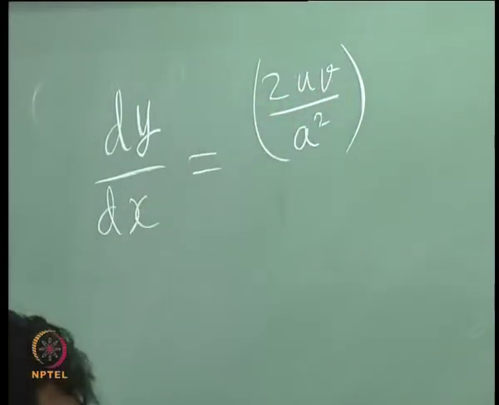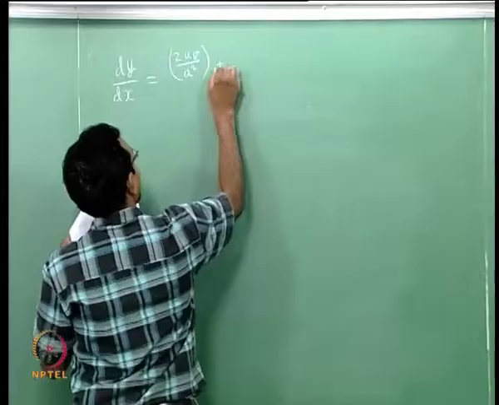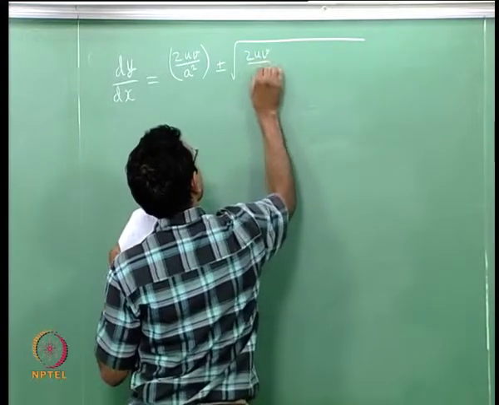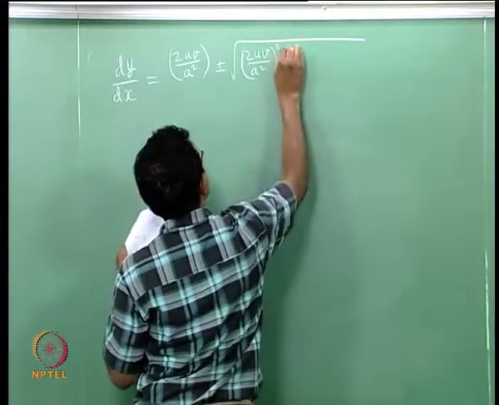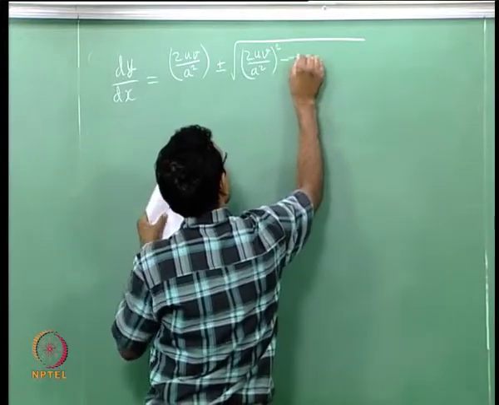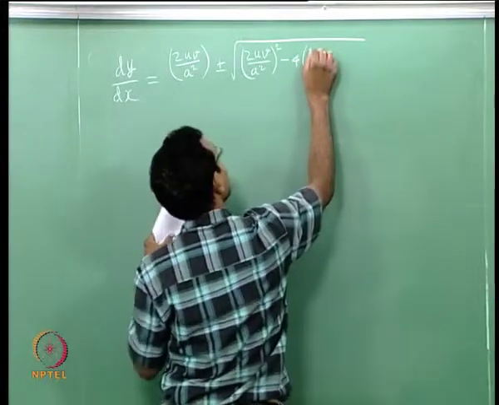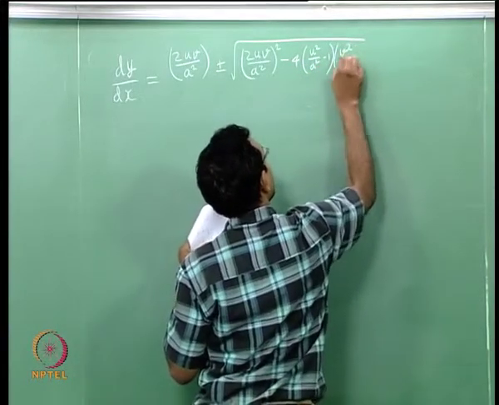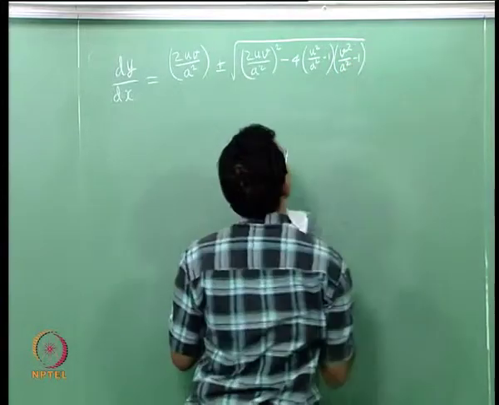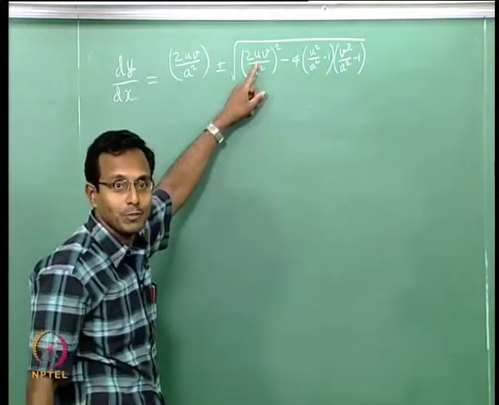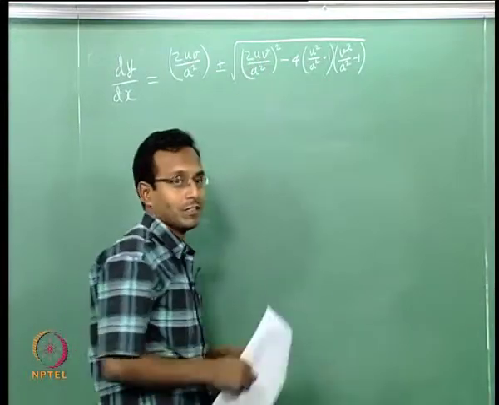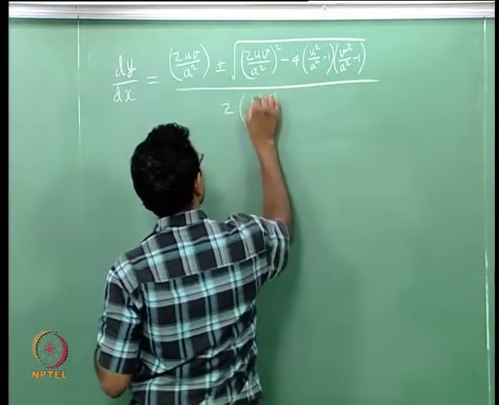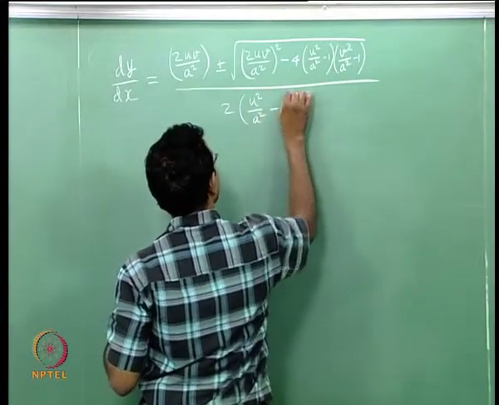I am putting it back in terms of u and v, plus minus square root of b square, which is 2uv by a square whole square, minus 4 into u square by a square minus 1 into v square by a square minus 1. I am replacing all phi x by u and phi y by v inside here. So, I am getting this particular relation divided by 2a, 2 into u square by a square minus 1.